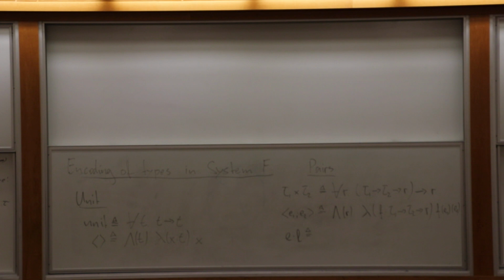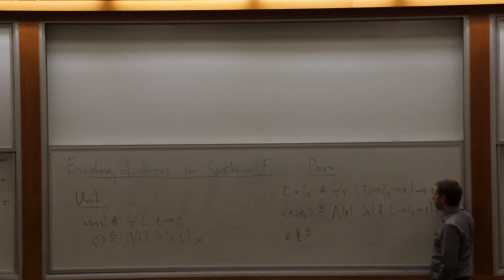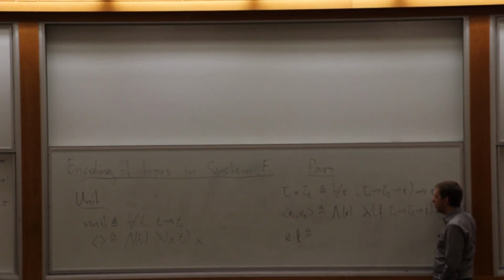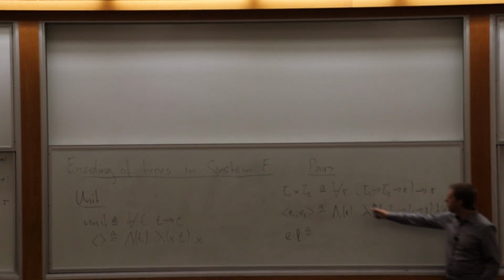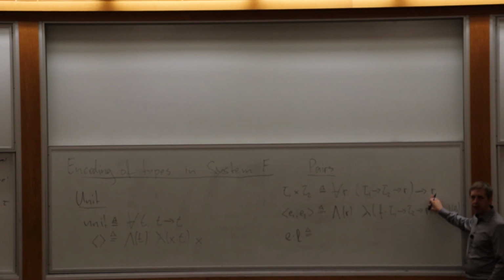It has this for all type here. So the only thing I can do is apply it to a type. I have to give it a type, right? And interestingly, the type that I give it is the thing I get at the end.